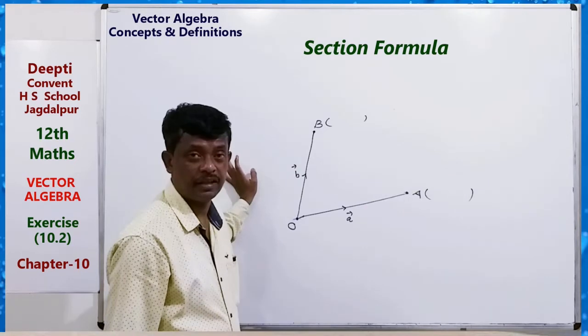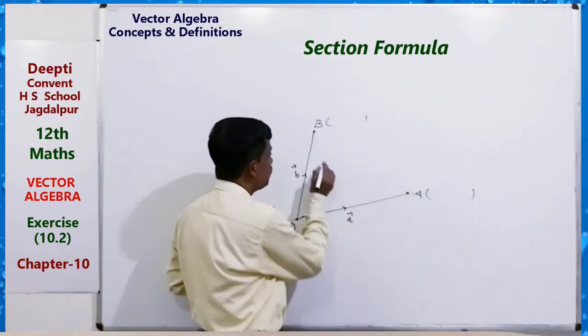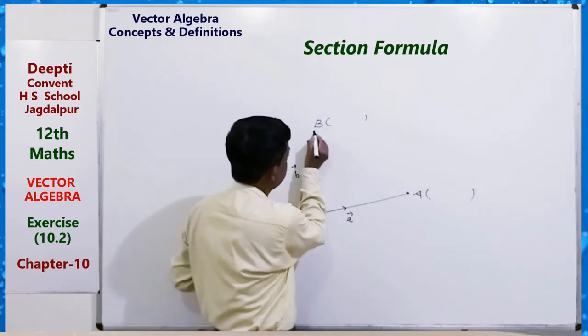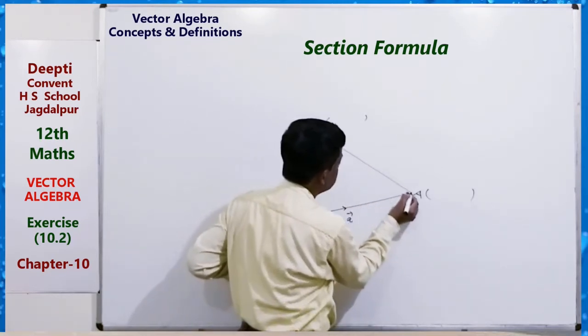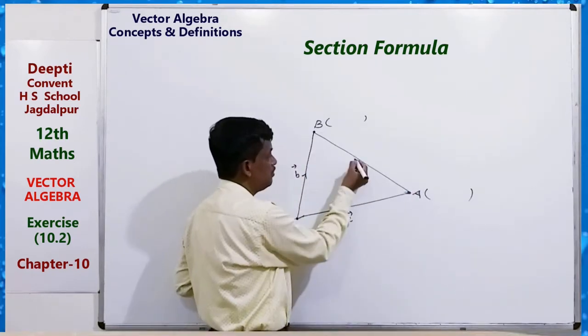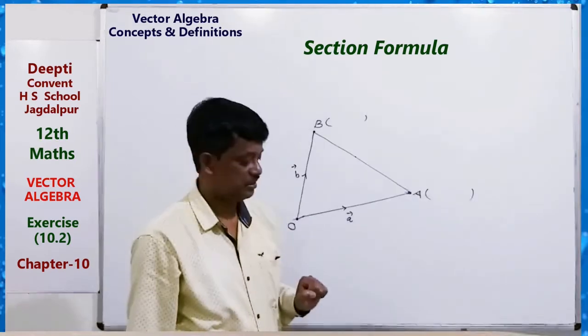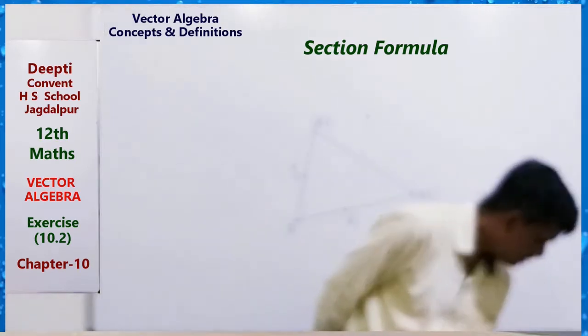Now, there is a point on the line joining A and B.